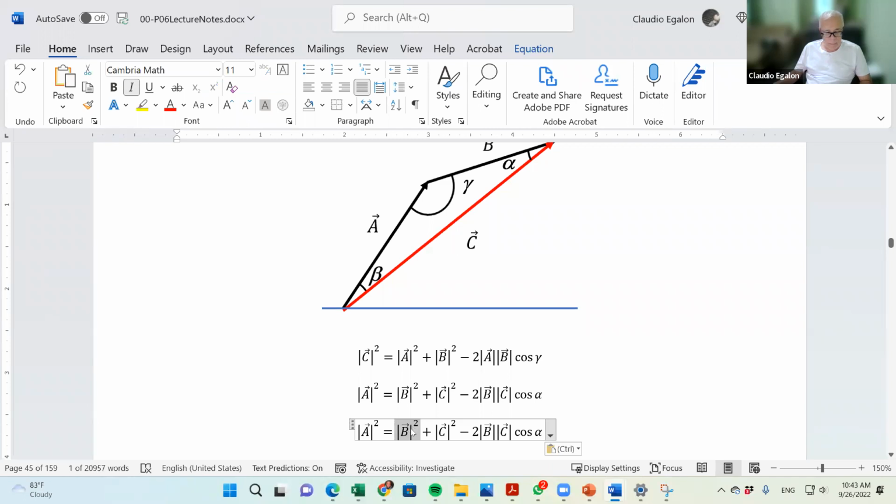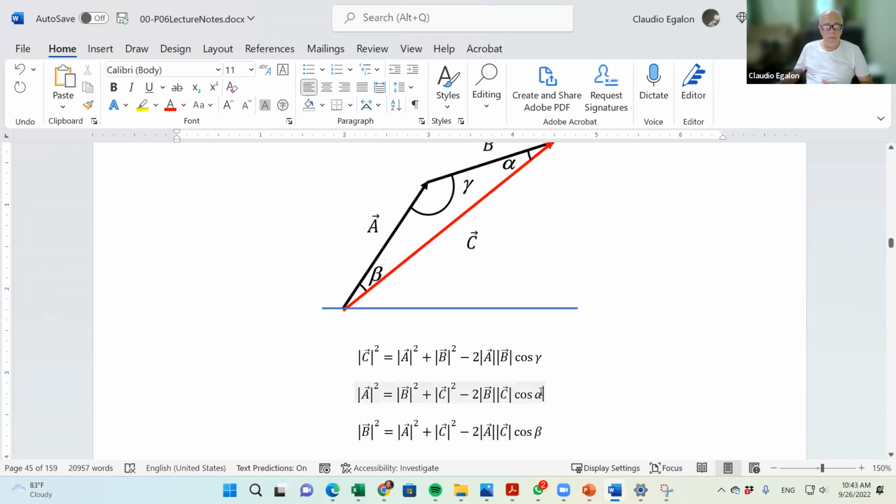And then a similar relation applies for the magnitude of B. Okay, I'm not even going to bother. You go like that. What changes again? It's going to be the angle beta, right? Side, opposite angle to the side.